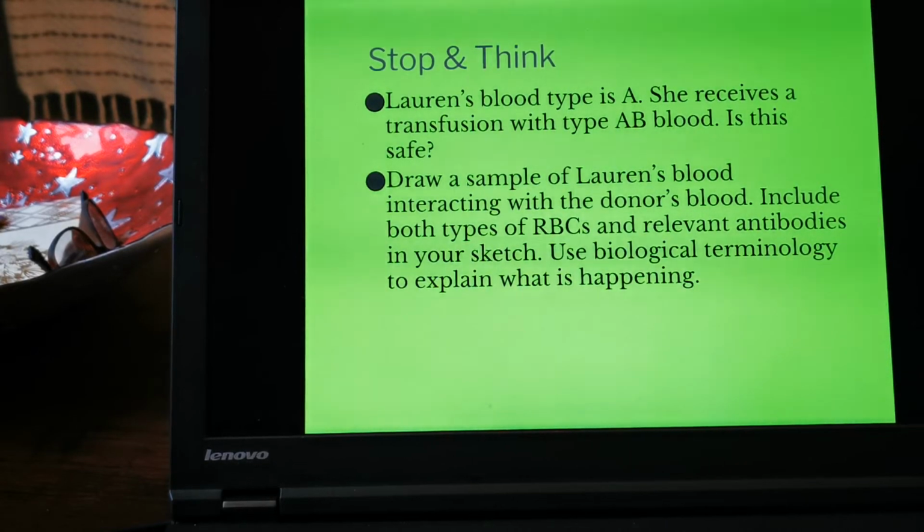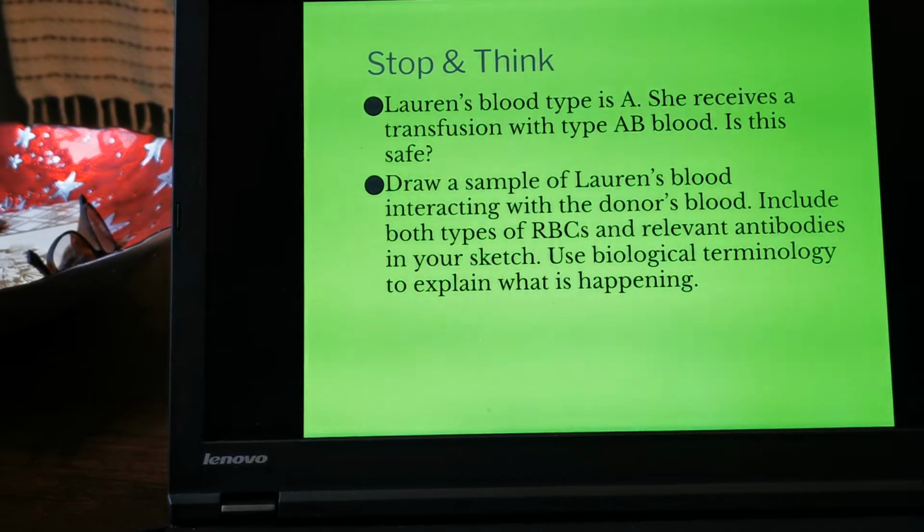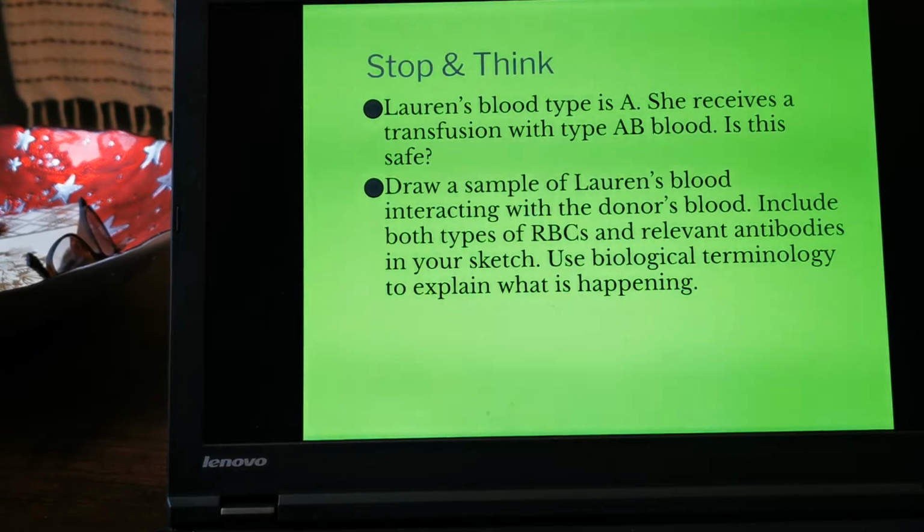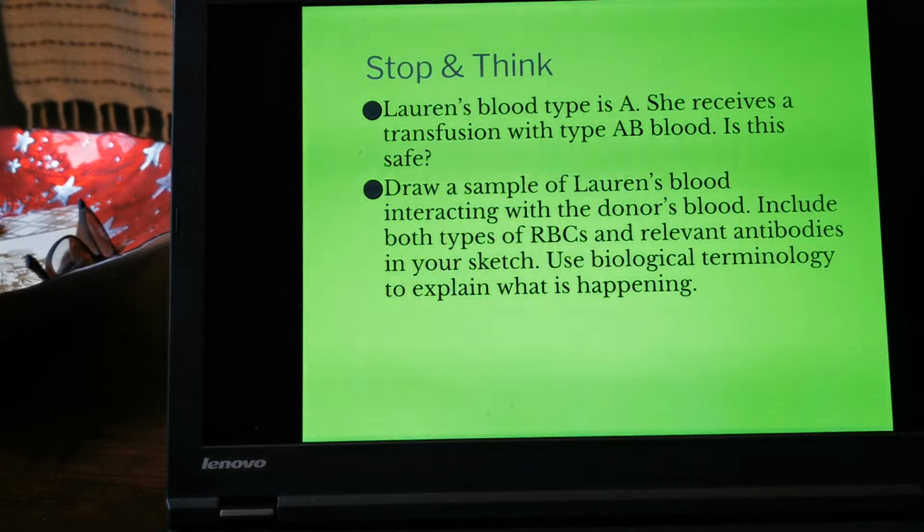So before you tackle this kind of problem, you have to understand the difference between an antigen and an antibody. Antigens are like name tags on cell membranes. They identify the cells. Your immune system doesn't want foreign substances or foreign cells in your body.